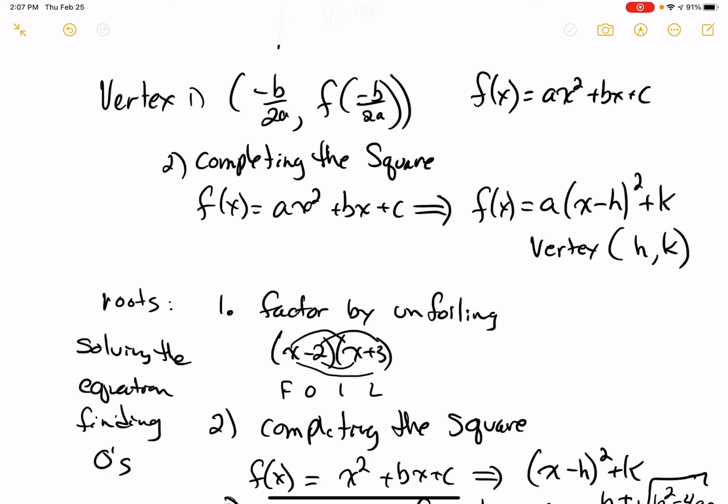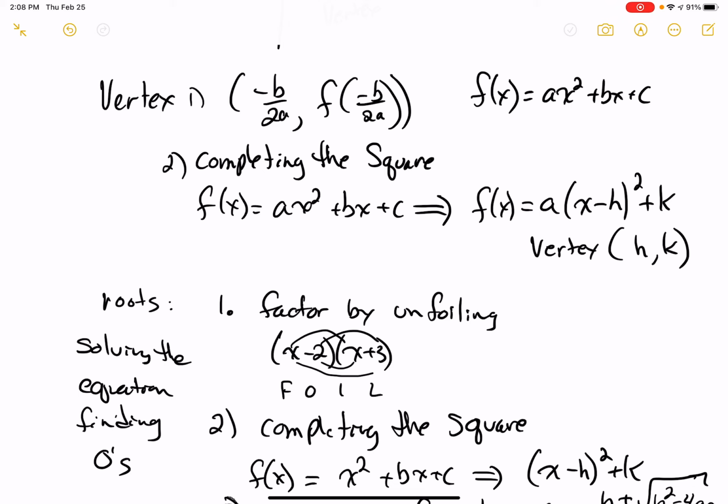Another technique that we can use to find the vertex of the function is something called completing the square. And completing the square is a technique where you manipulate your trinomial, this is what the function is called, into what we call vertex form. This vertex form is a form that lends itself to look like the transformations that we talked about last chapter.